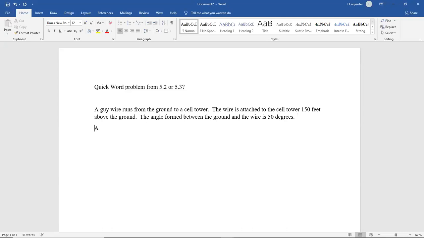The questions are, how long is the guy wire? And how far from the base of the tower is the wire anchored to the ground?